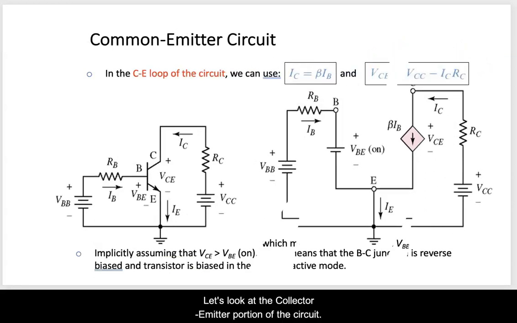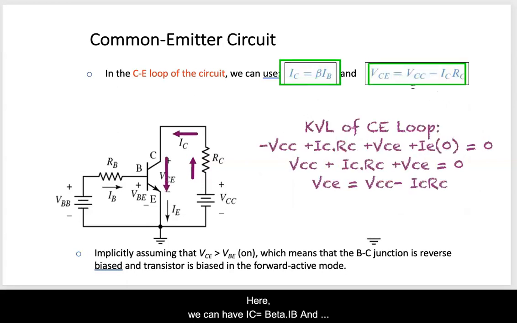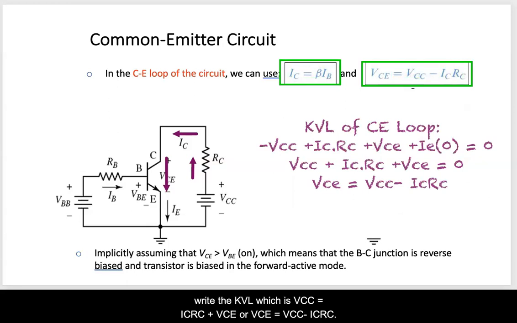Let's look at the collector emitter portion of the circuit. Here we can have IC equal to beta times IB, and then we can write the KVL, which is VCC equal to IC times RC plus VCE, or VCE equal to VCC minus IC times RC.